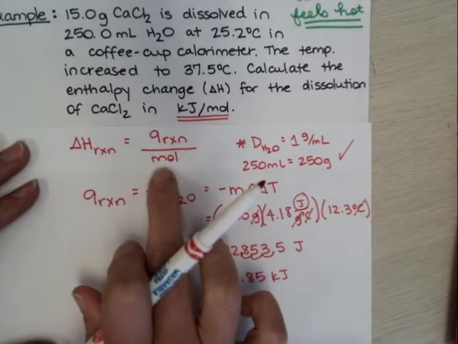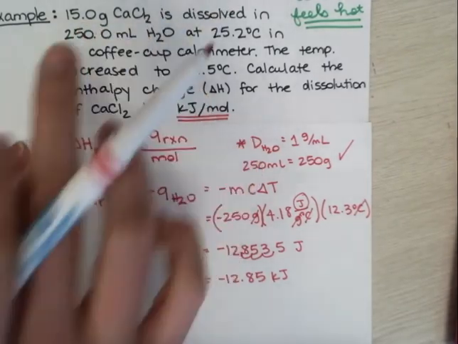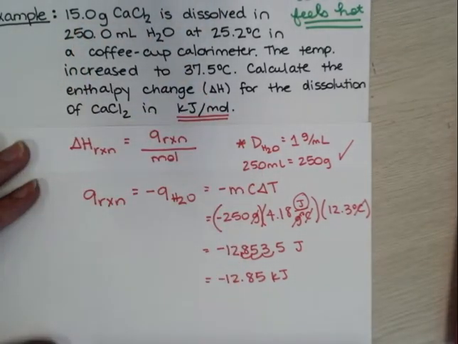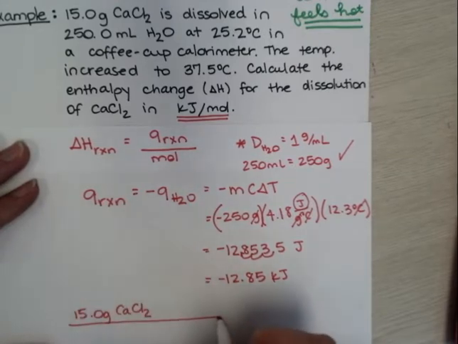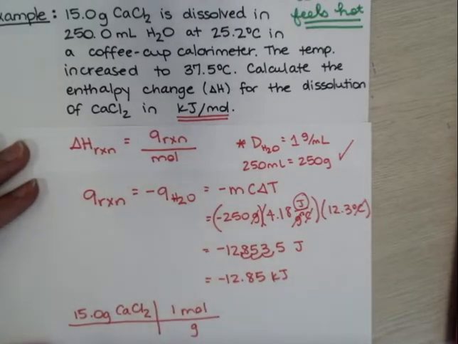So my solute is that 15 grams of calcium chloride. So I need to take my 15 grams of calcium chloride and use molar mass to find those moles.